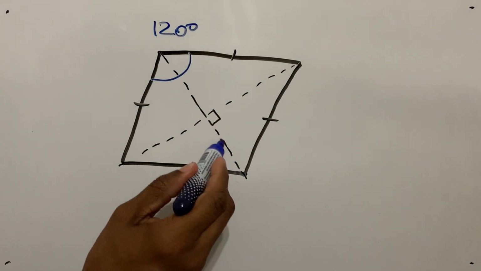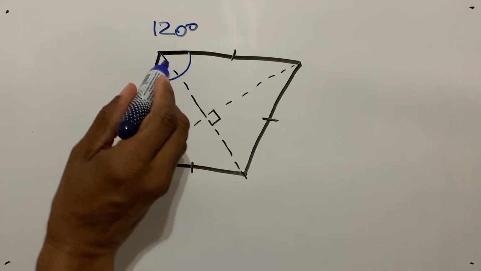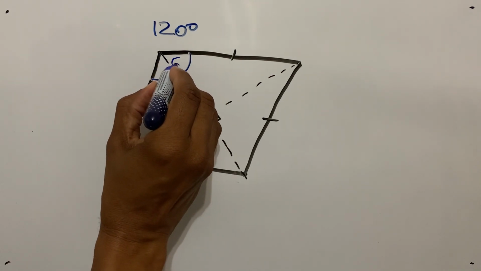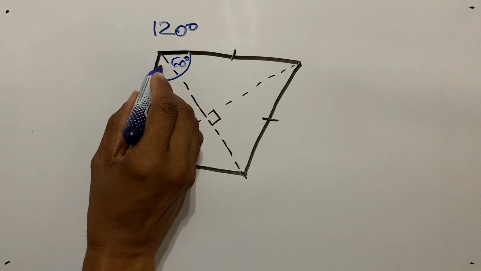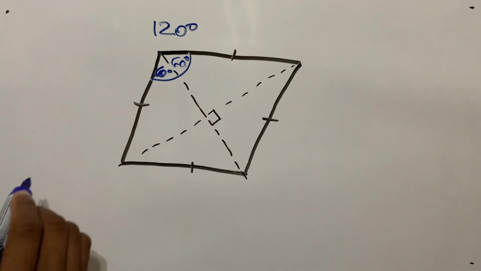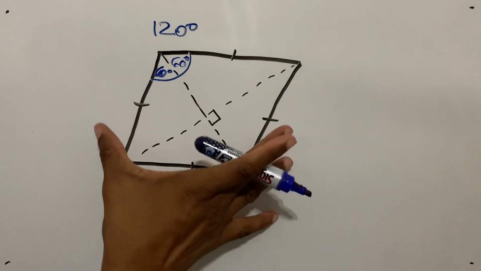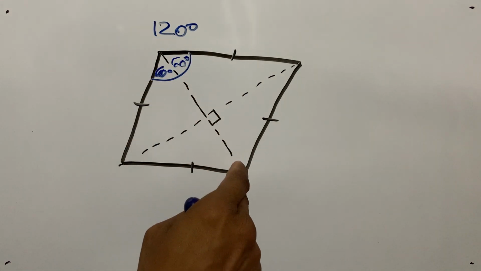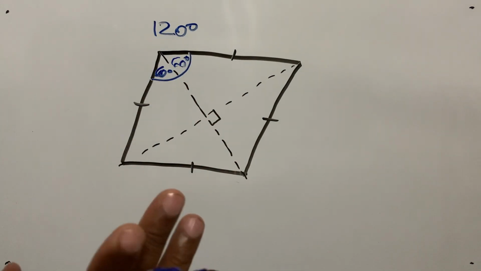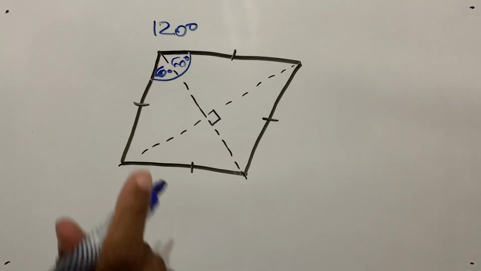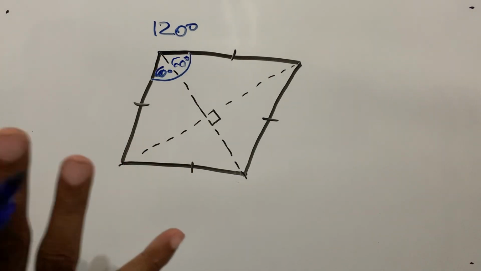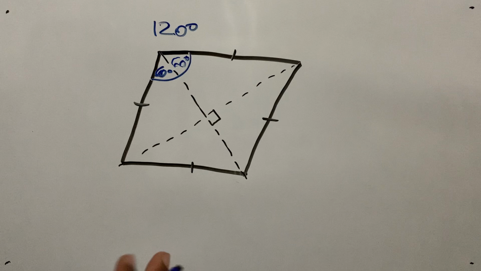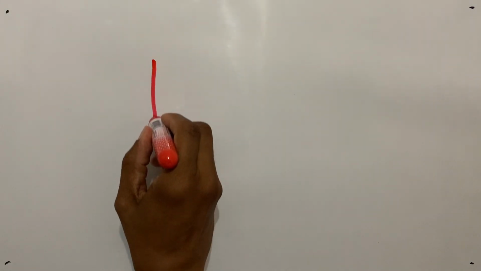When you run the diagonal through this angle, it becomes 60 degrees and 60 degrees. So whenever you have a rhombus and the diagonal cuts that angle, it bisects the angle, cutting the angle in two equal parts. That's what we mean by bisecting.